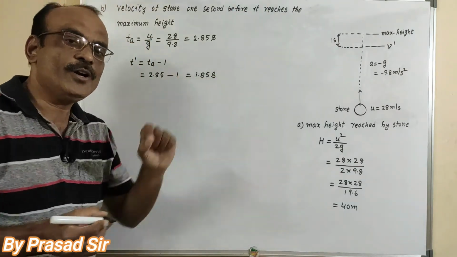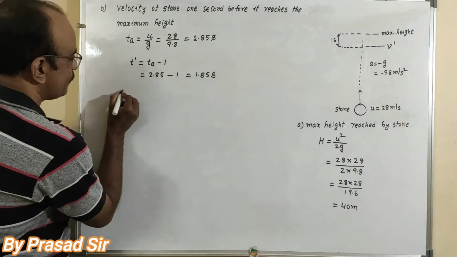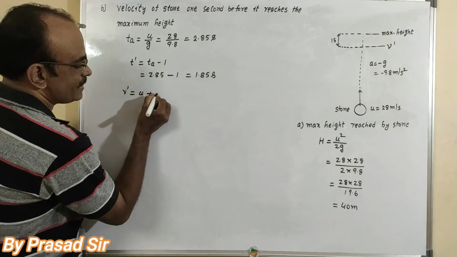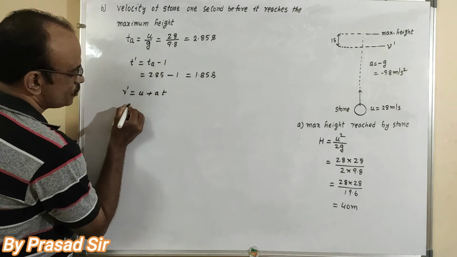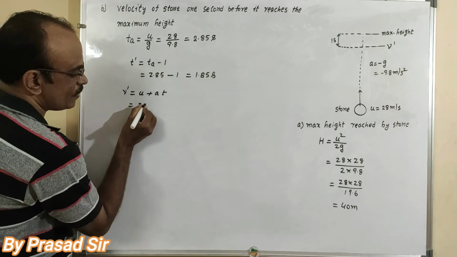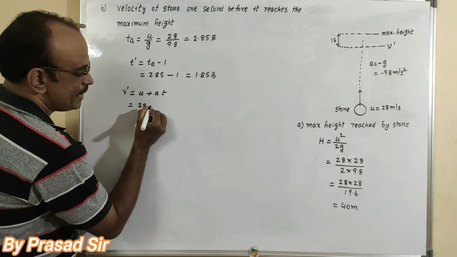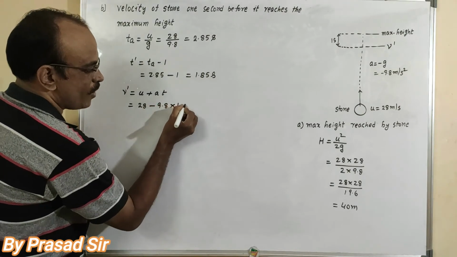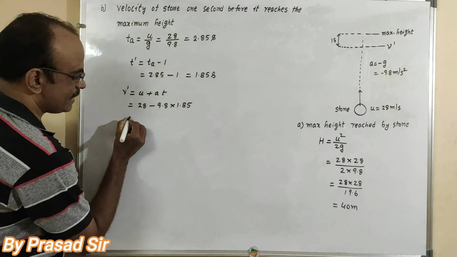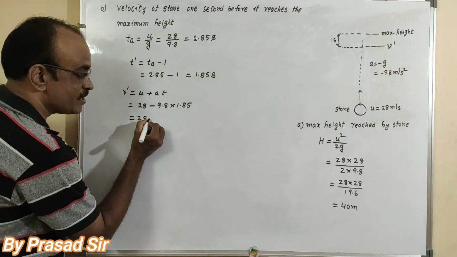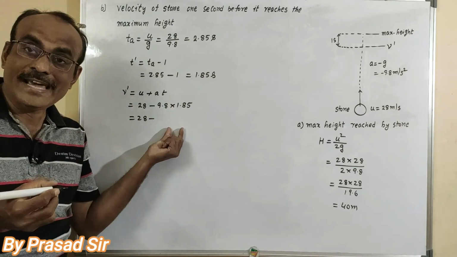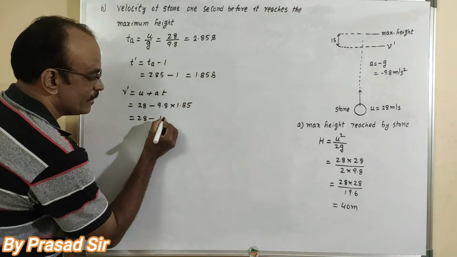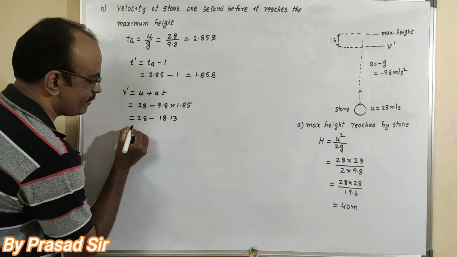So here we want to calculate the velocity. The velocity V dash is equal to U plus A T. Here U means 28, and A means minus 9.8, into 1.85 seconds. So 28 minus 9.8 into 1.85 is equal to 18.13.